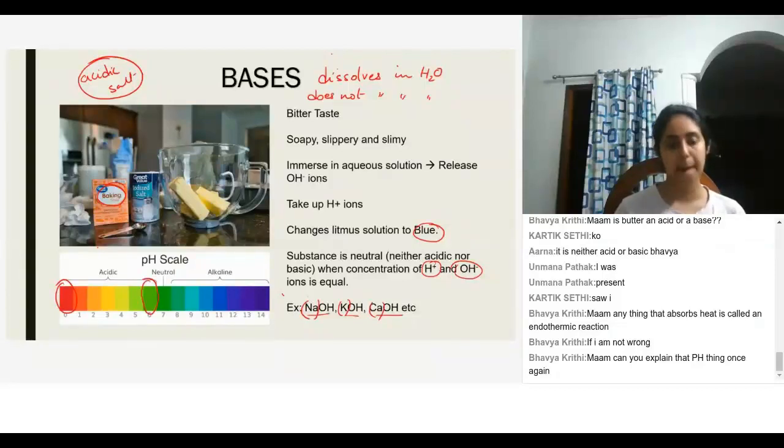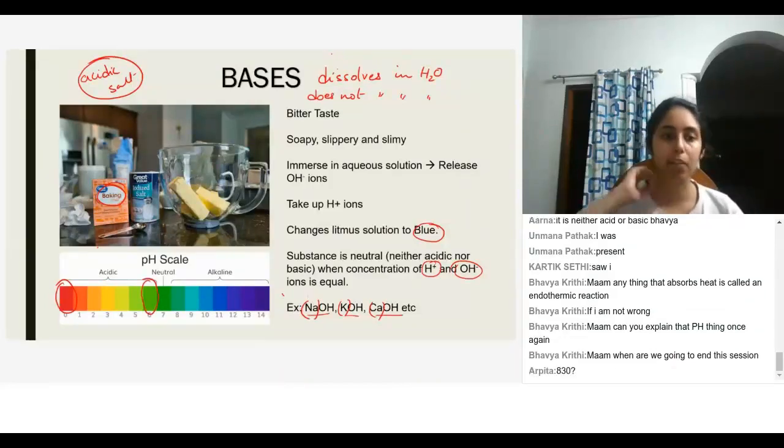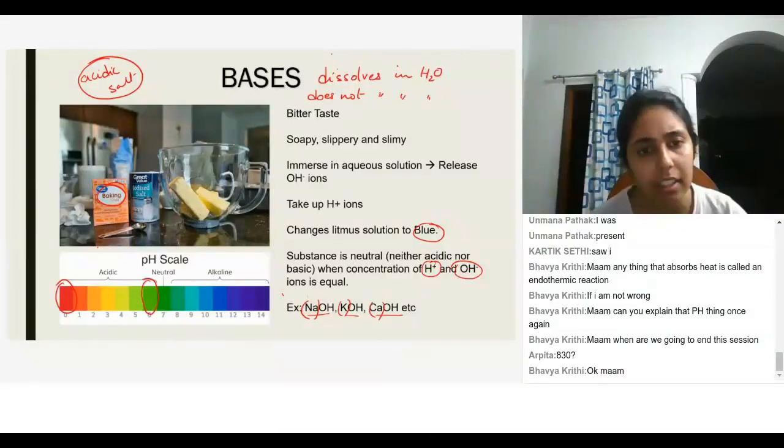Okay, ma'am. Excuse me, ma'am. Yes, Karthik. Ma'am, does salt affect acidity in acid?